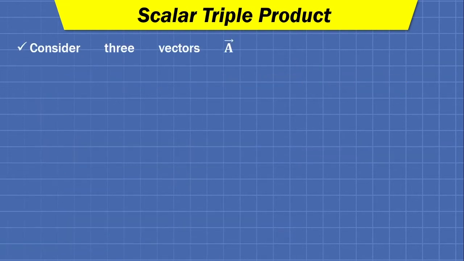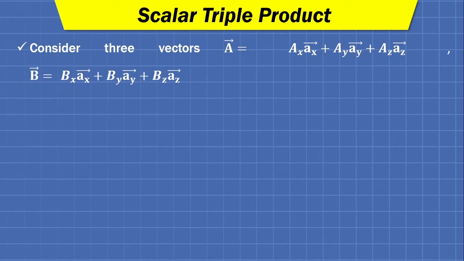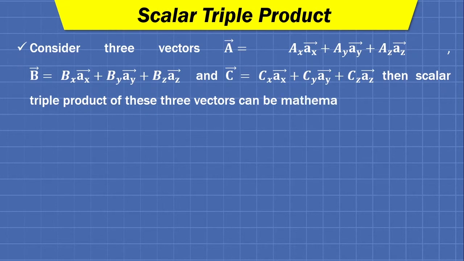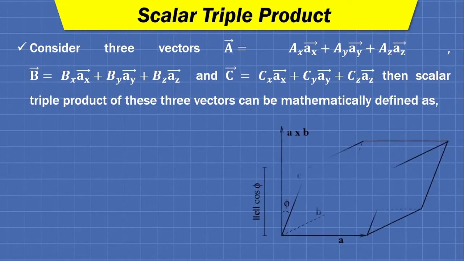Consider three vectors, a bar equals ax bar plus ay bar, that is the y coordinate of the vector, plus az bar, and similarly we have defined vector b and vector c. As the name suggests, it is a triple product, which means we are going to use three different vectors. We can draw these vectors in space.